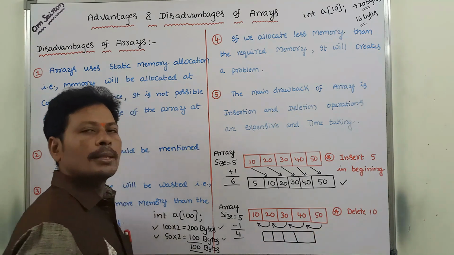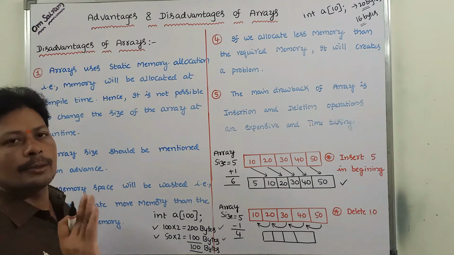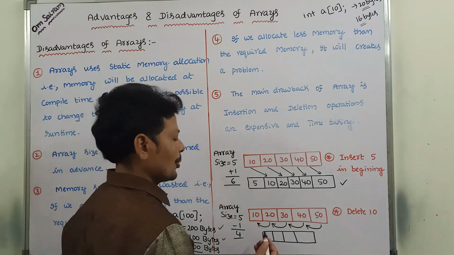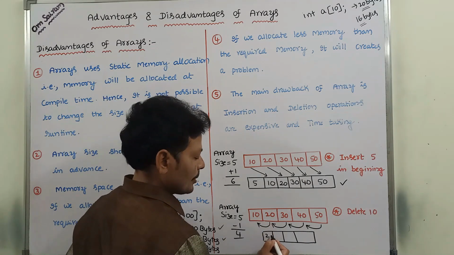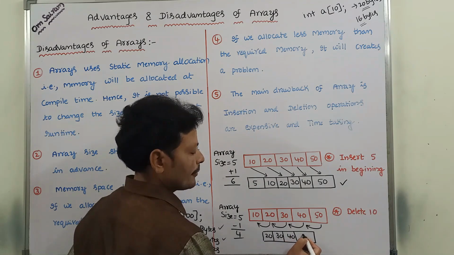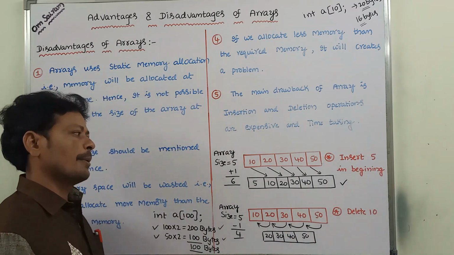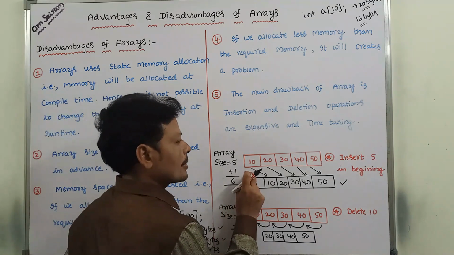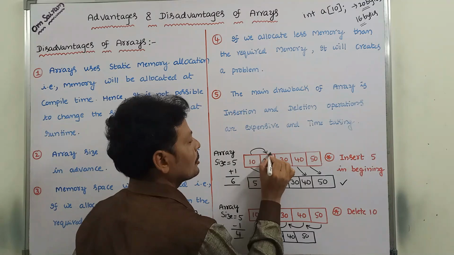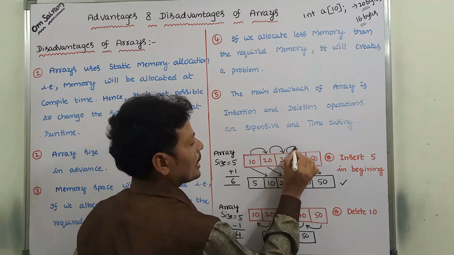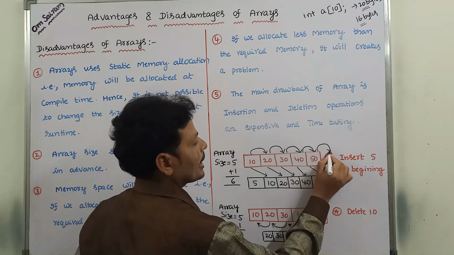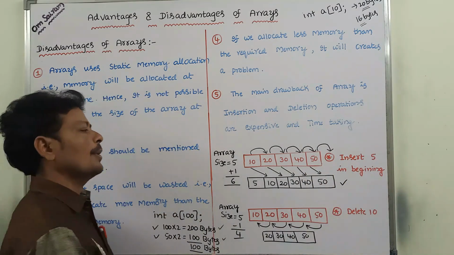The last cell is vacant, so that can be eliminated. So after deleting 10, we are getting 20, 30, 40 and 50. So in this way. Okay. In this case also, 20 can be shifted towards here, 30 can be shifted towards here, 40 can be shifted towards here, 50 can be shifted towards here.